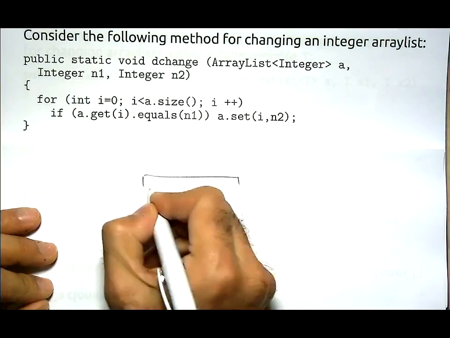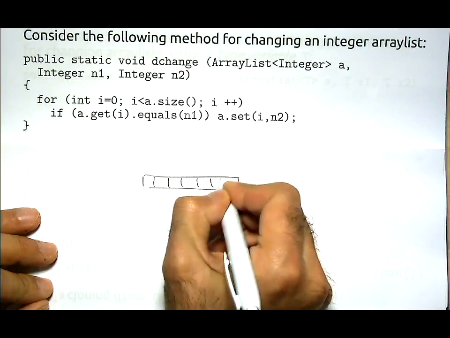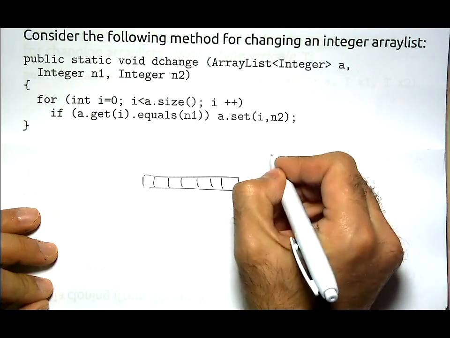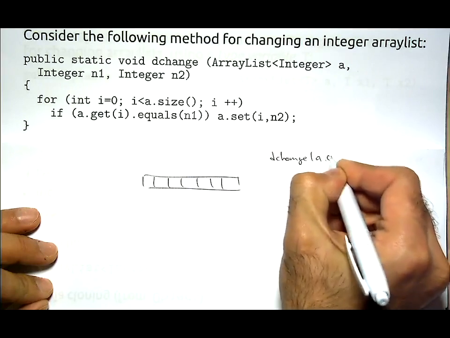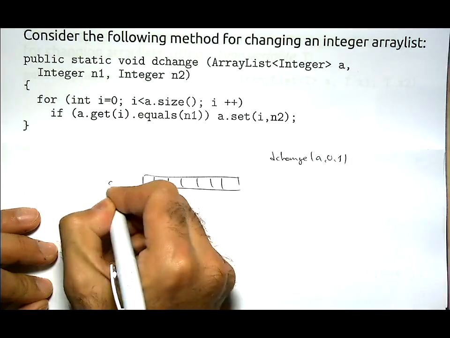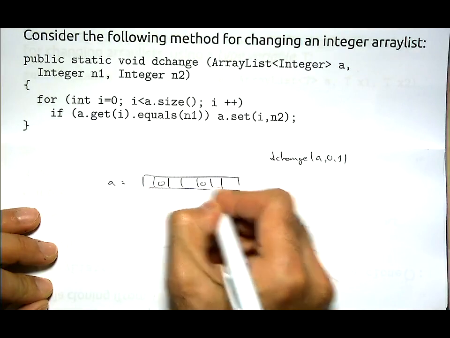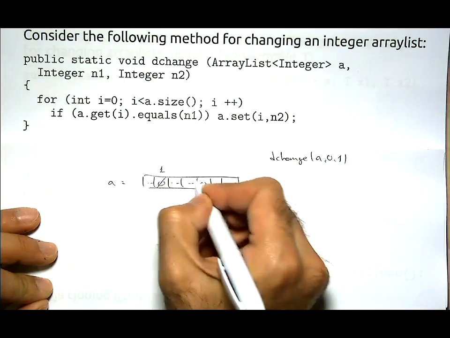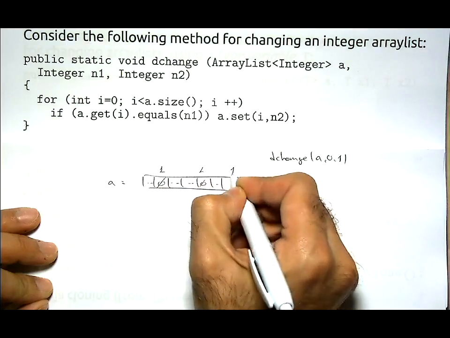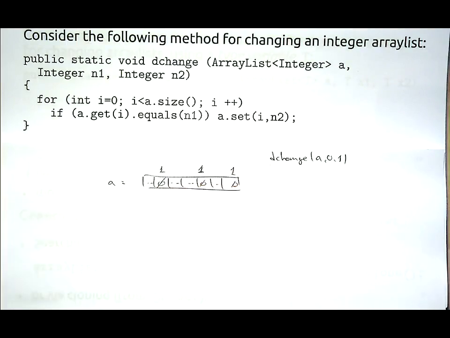So if you have my array list of integers, and I want to do change on A and change all the zeros to ones, the method will see, whenever it sees a 0, it will set it to 1, and so on. Now this is a useful method for changing the elements of an array list, so you might want to try to write the same method for an array list of strings.